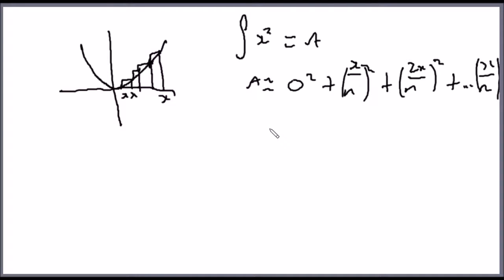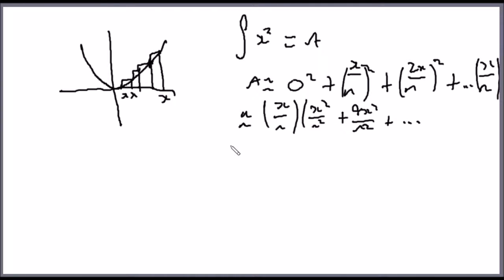So what this is, x over n times x squared over n squared plus 4x squared over n squared, and so on, right?